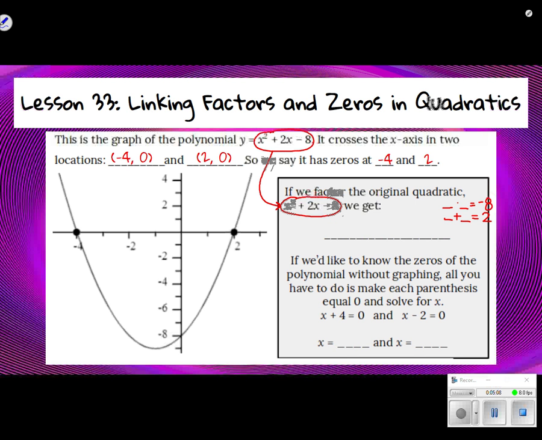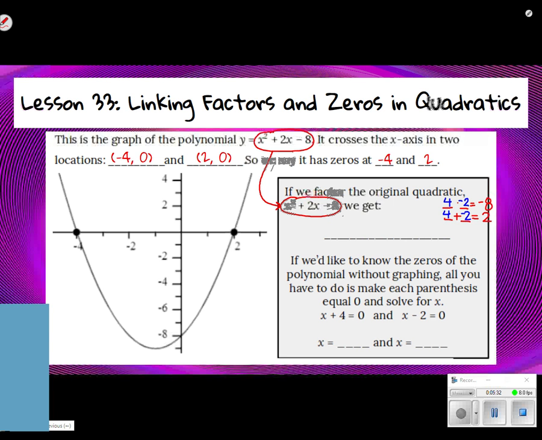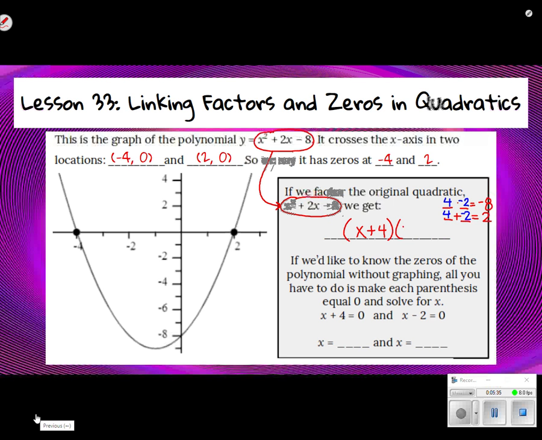And so we would be looking at a +4 and a -2. 4 times -2 is -8. 4 plus -2 is 2. x plus 4 and x minus 2. That would be what we would get when we factored. So if we'd like to know the zeros of the polynomial without graphing, all we have to do is make each parenthesis equal 0.